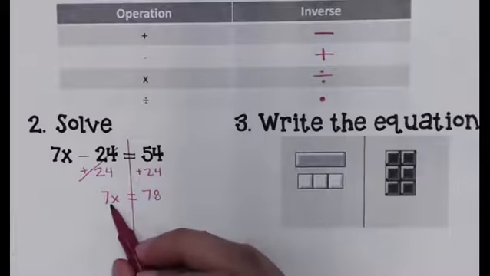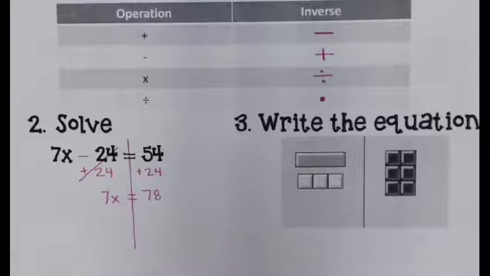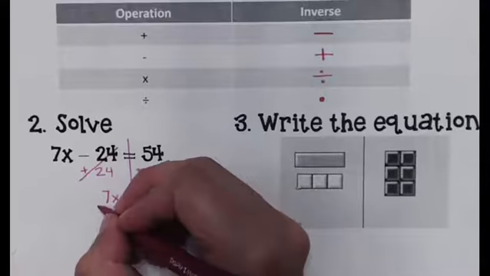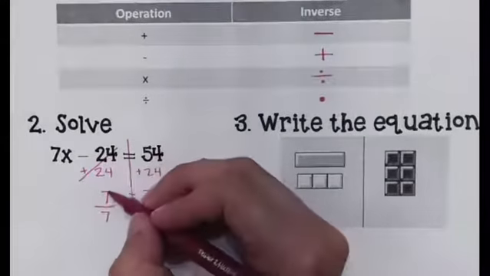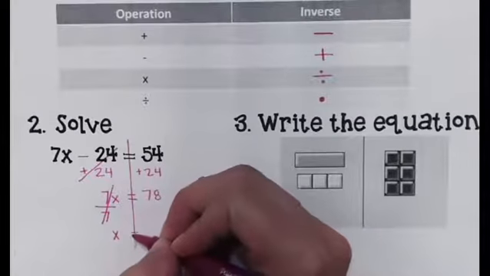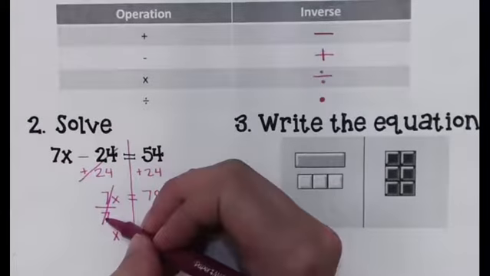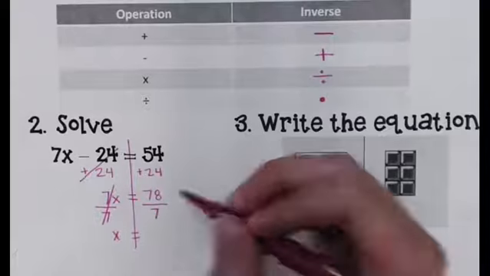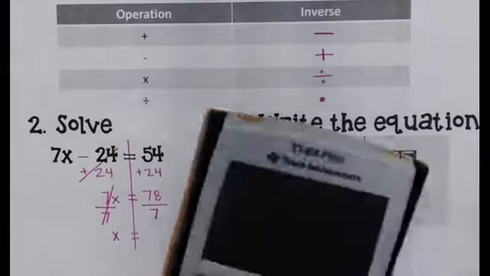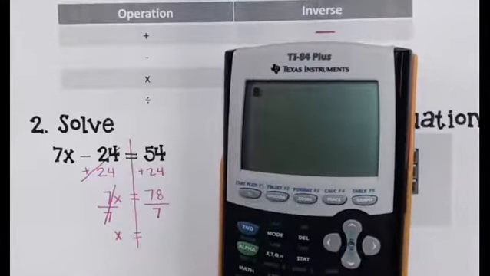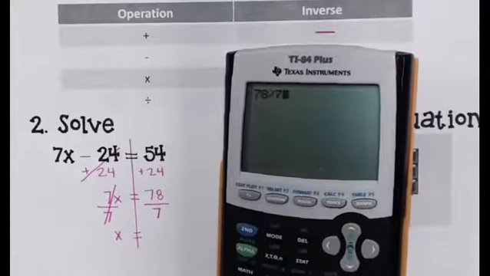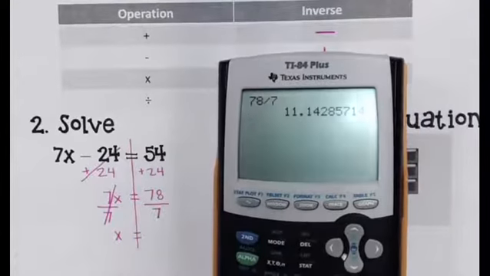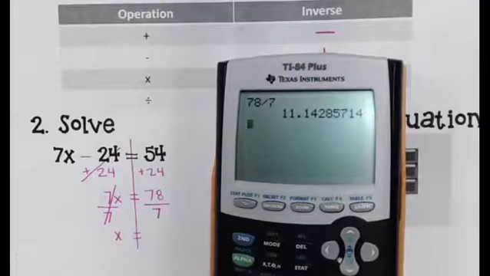The next step is to get x by itself. Right now it's 7 times x, so the opposite here would be division. So I'm going to divide by 7. 7 over 7 is 1, which gives me 1x on the left side. Whatever I do to one side, I have to do to the other. So 78 divided by 7 is 11.142857.